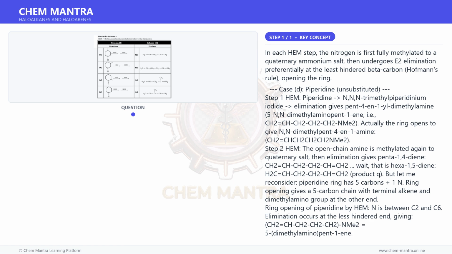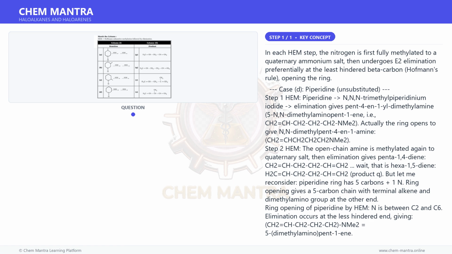But let me reconsider. Piperidine ring has 5 carbons plus 1 N. Ring opening gives a 5-carbon chain with terminal alkene and dimethylamino group at the other end. Ring opening of piperidine by Hofmann, N is between C2 and C6.